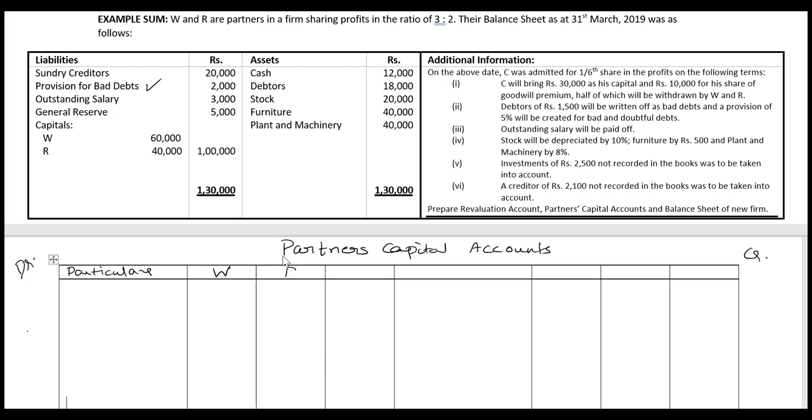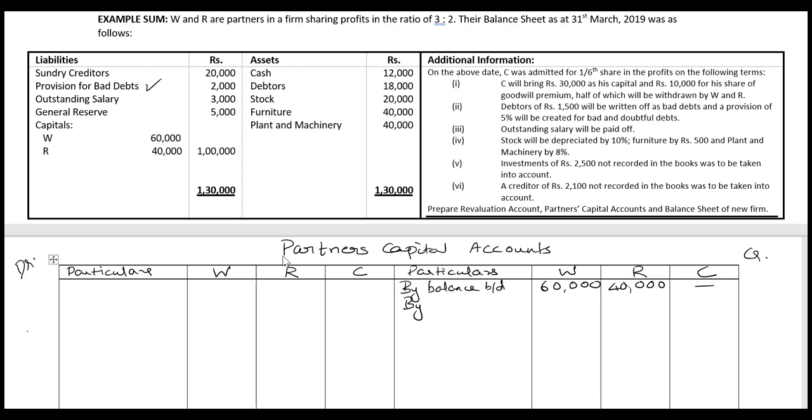Particulars: Partner W, partner R and partner C. Let's bring down the balance of the capital accounts by balance brought down: 60,000 against W, 40,000 rupees against R.